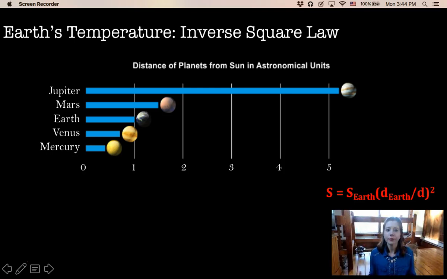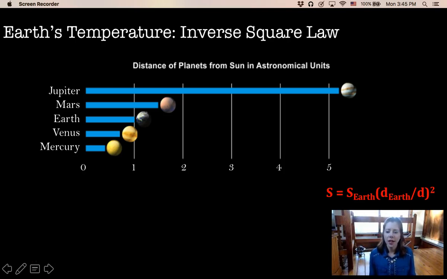All right. So looking again at our equation, S represents the solar flux density at the top of the atmosphere for any planet in our solar system. And we can determine it just from knowing the solar flux density at the top of Earth's atmosphere, which right now is about 1360 watts per meter squared.